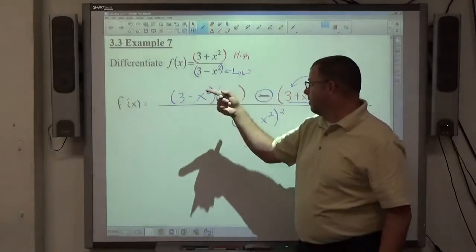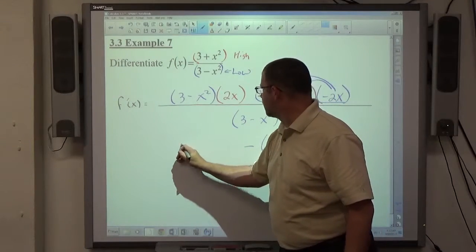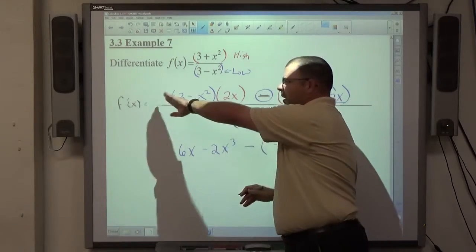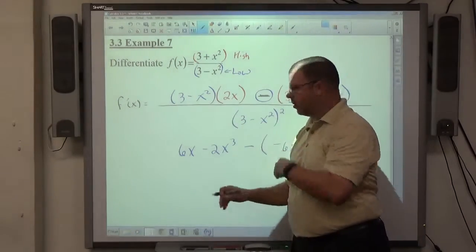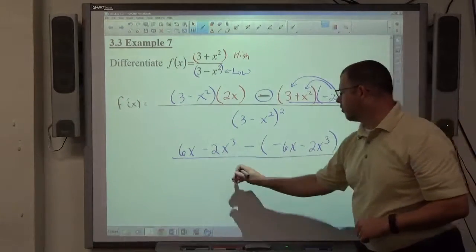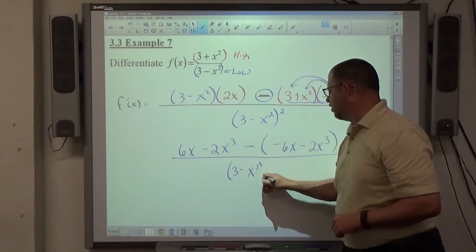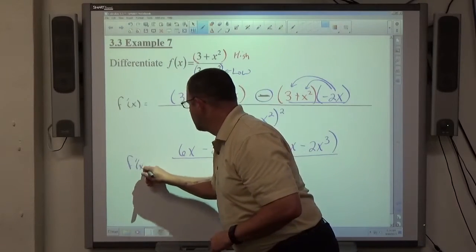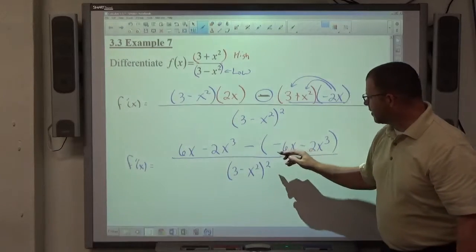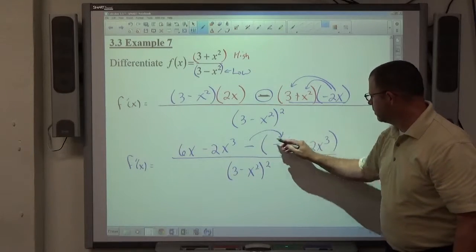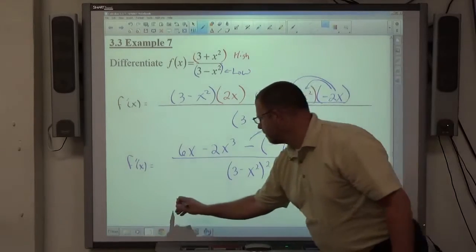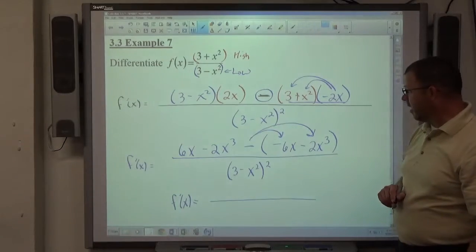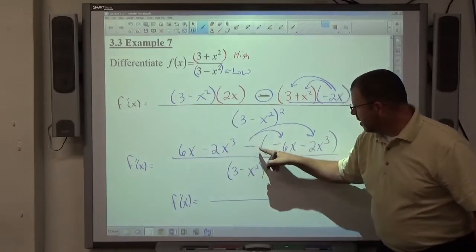This first product isn't that big of a deal. 2x times 3 is 6x. 2x times negative x squared is negative 2x cubed. There's a plus sign officially in front of that, so those signs are what they should be. All that goes over 3 minus x squared, squared. Again, I don't mess with that usually. So now if I distribute this minus sign through and add like terms in the process, I think we can handle that, being in calculus, right? 6x, it'll be plus 6x.